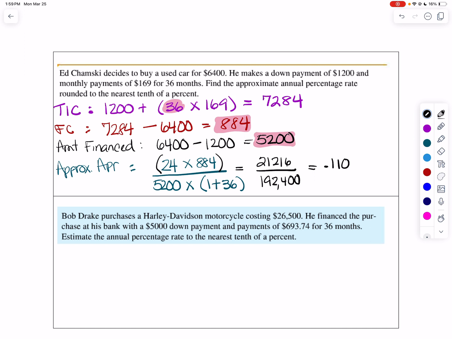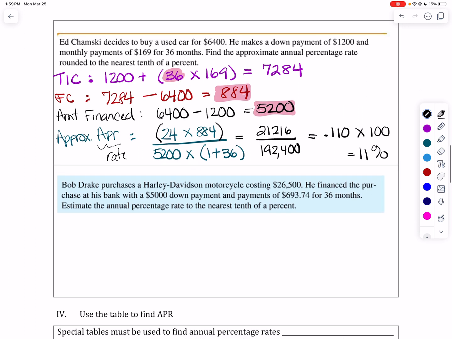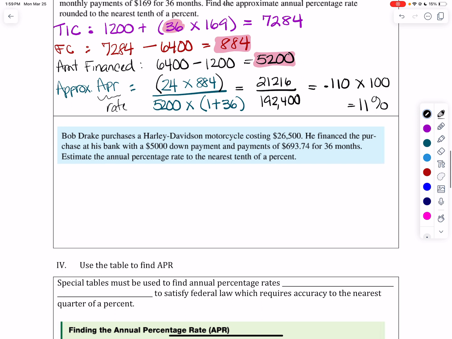But remember, we are looking for a rate, so I must multiply that by 100 to turn it to 11%. Okay, so we are dealing with percentages. So what I suggest you guys do is stop this video, work out the next problem, and then play the video so that you can check your answer.